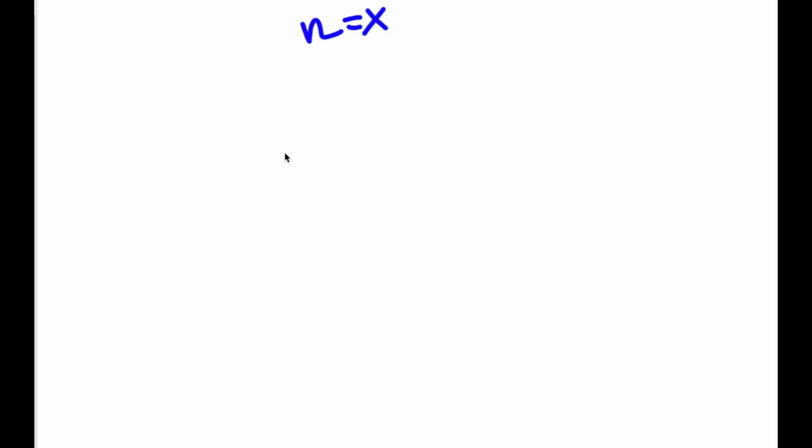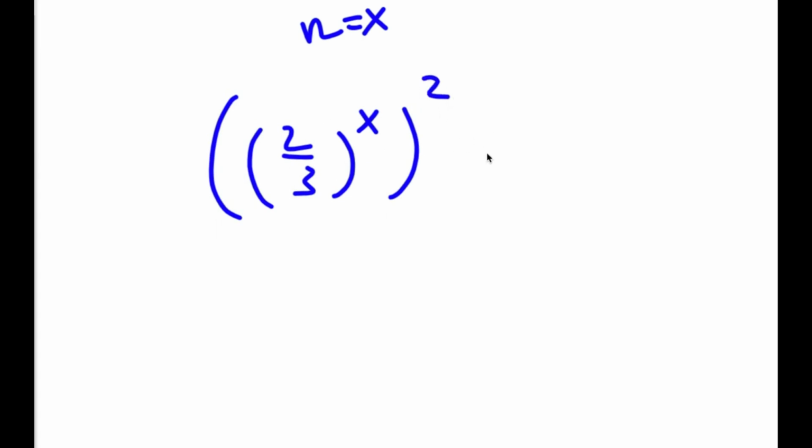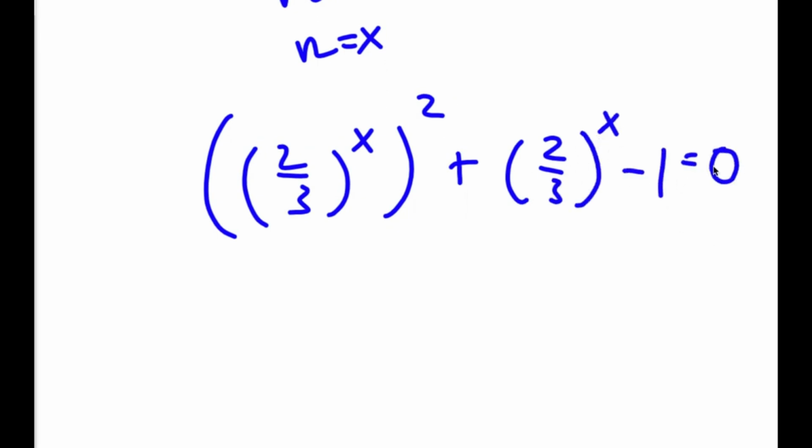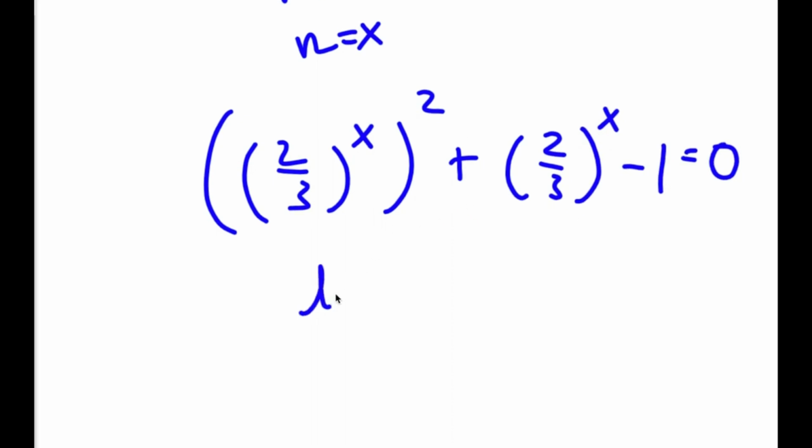So now going back to the original equation, I have 2 over 3 to the power of x squared plus 2 over 3 to the power of x minus 1 is equal to 0. Now I can let 2 over 3 to the power of x equal to the variable y.